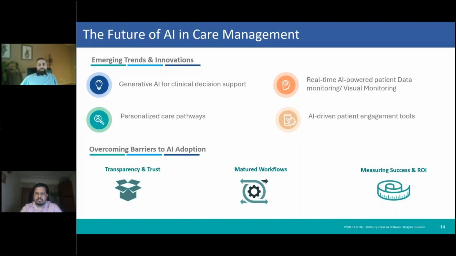So, while the future for AI in healthcare is promising, there are those challenges. And in the previous survey, we did speak about few of those challenges. It's adoption, if we are able to manage that adoption rate and handle the challenges, those are few of the things. The way we look at it is the transparency and trust is one of a big hurdle in AI adoption, specifically when it relates to clinical decisions making.